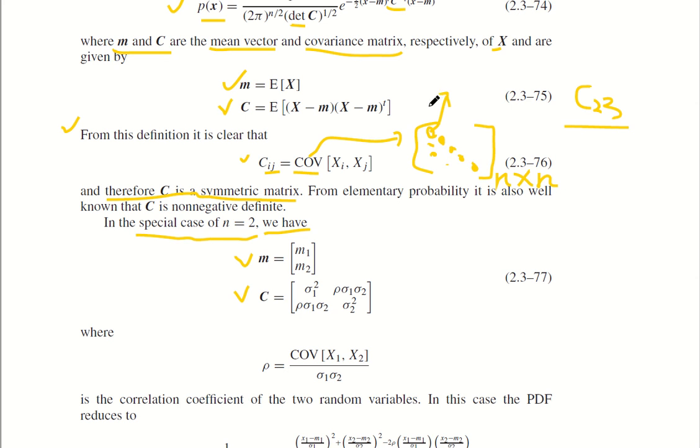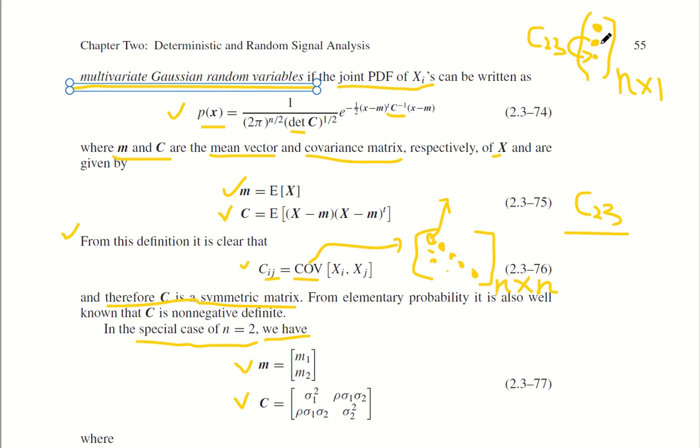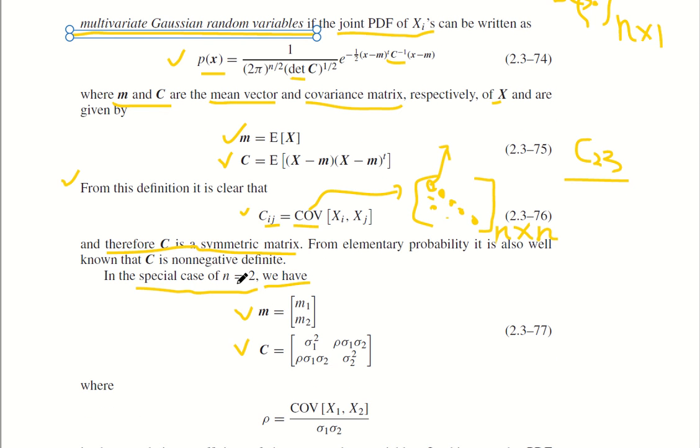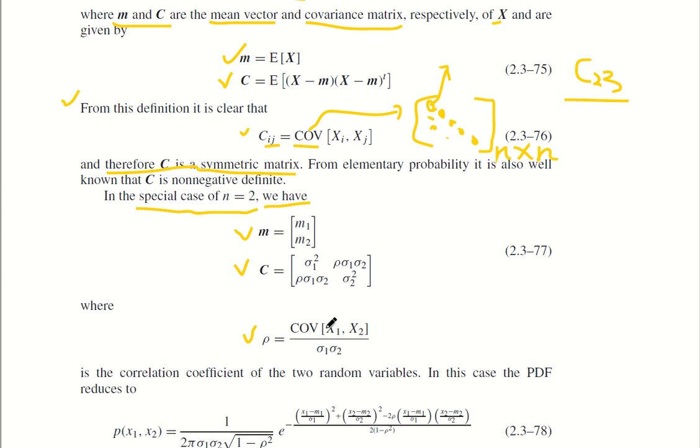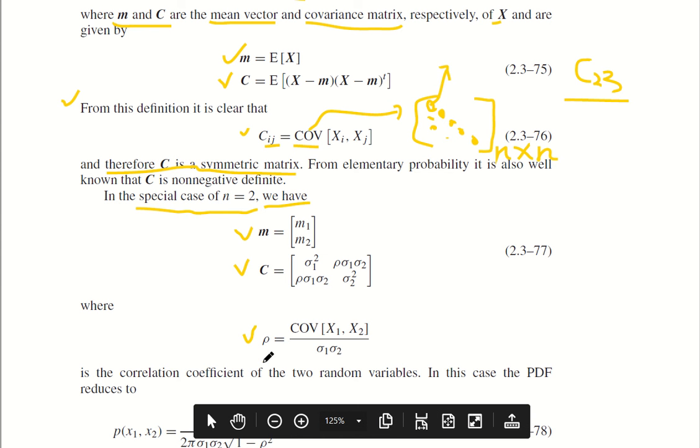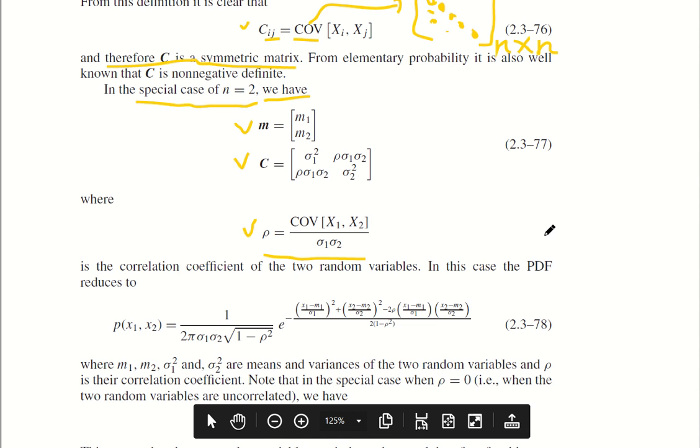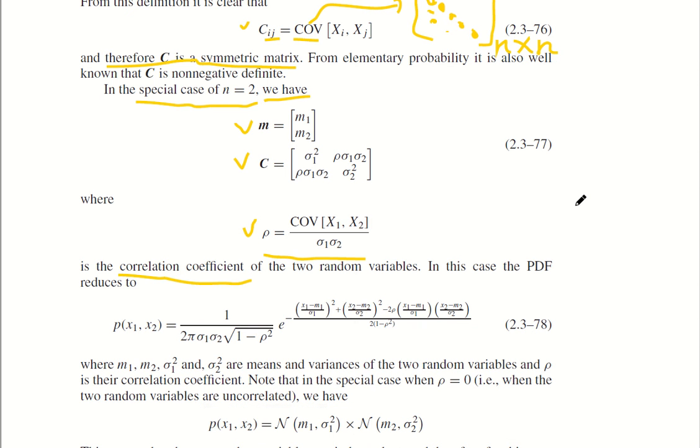So it's just as what I say here, and if you write it out for n equal to 2, then you get something like this. And then rho is the covariance of x1 and x2 divided by sigma 1 sigma 2. That is the correlation coefficient.